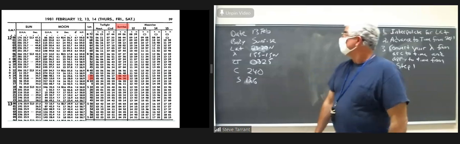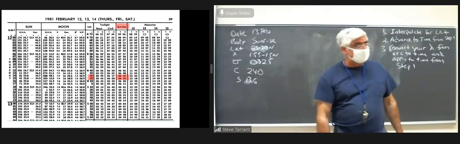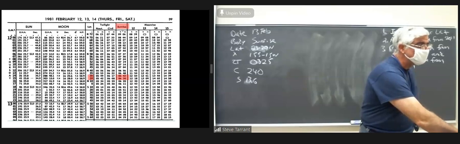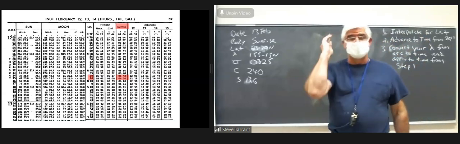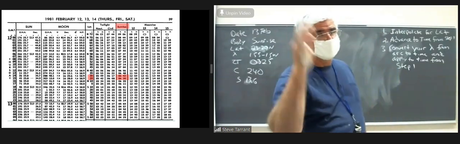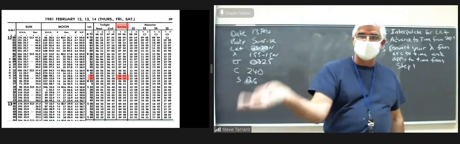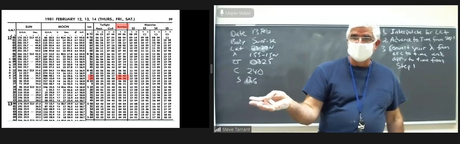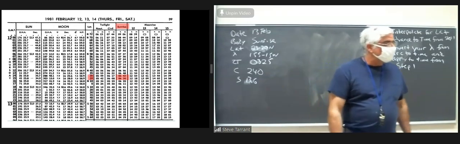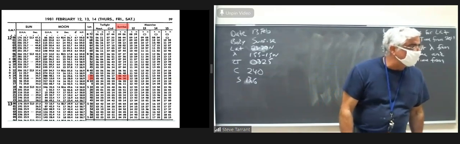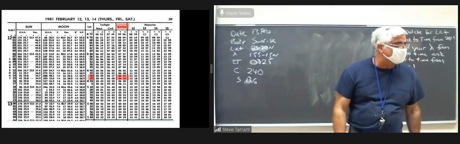Just a little reminder, these times are valid for every central meridian. So that's 0, 15, 30, 45, west or east. At 20 degrees north, it was 0630.